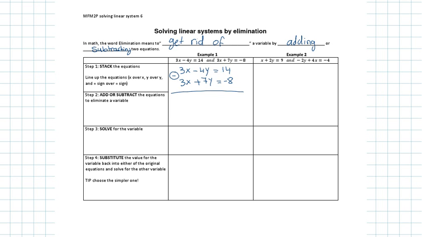right? So I put a subtraction sign, and I put my kind of equal line, right? So this is my equal line. So now I have to subtract the first, so I subtract the second from the first, okay?